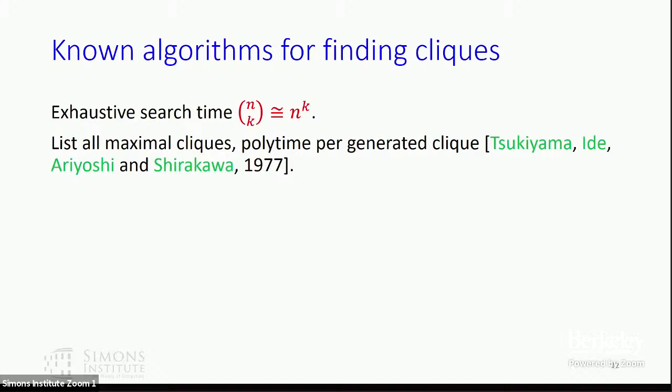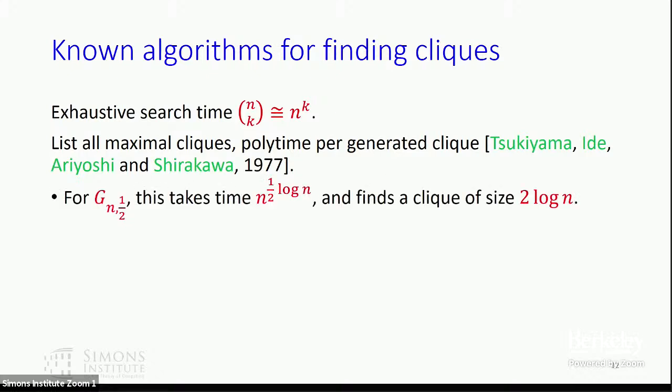A clique is maximal if it cannot be enlarged by adding any vertex. If there are only polynomially many maximal cliques, we can list all of them in polynomial time and find the maximum clique. For our random graph, the number of maximal cliques, it's not too difficult to show, is something like n to the half log n. So we can find the maximum clique in time n to the half log n. The maximum clique is of size 2 log n.